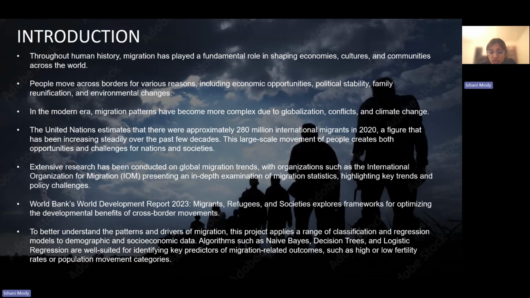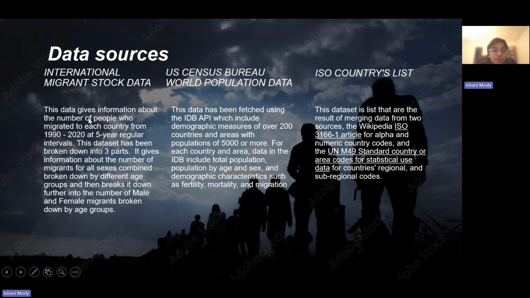The idea of this project is to combine migration data with factors like population growth, employment trends, and urbanization patterns. So I found data through three different sources. The first one is international migrant stock data.